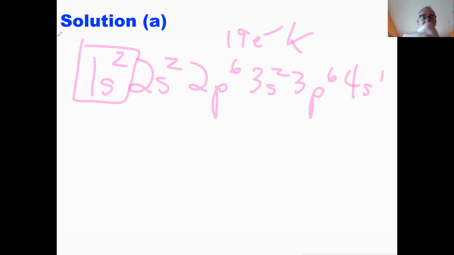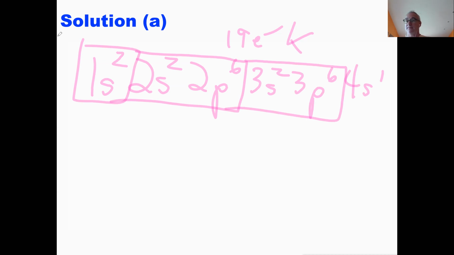So the first shell is filled. Second shell is filled. Third shell almost filled, because remember there's also a D in there. And then 4s1. So it's this that gets dumped, and so it becomes K plus.